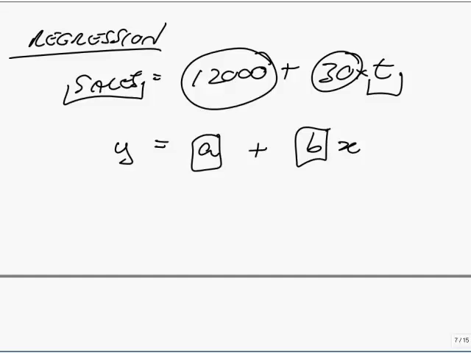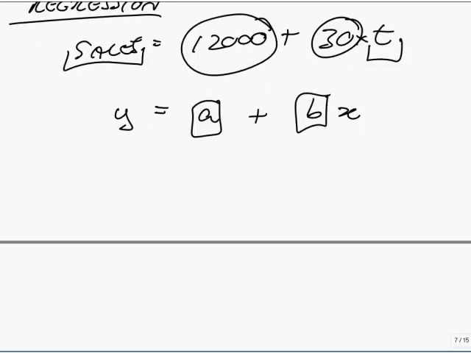Well, I'm not going to talk long. I really shouldn't need to, but a couple of things. One thing could be important. It always is an equation relating two things together, like sales and month number. But it could be important in the exam that you choose the right one to be y and the right one to be x.